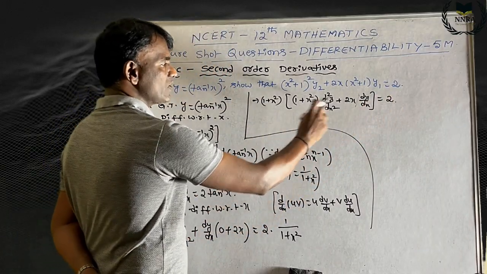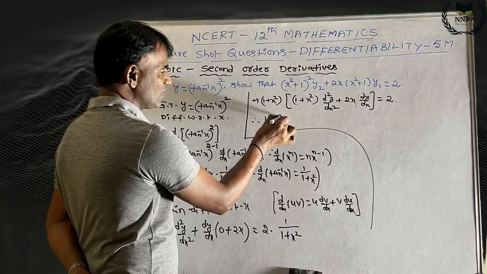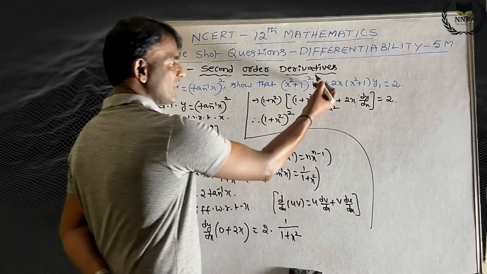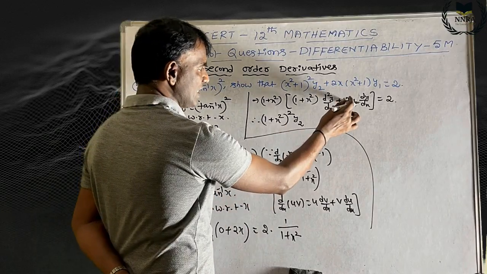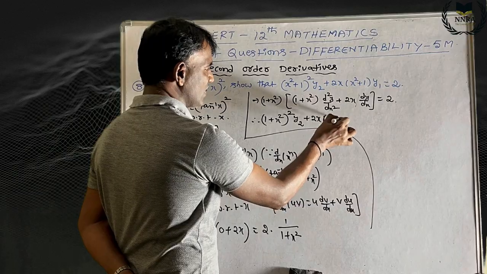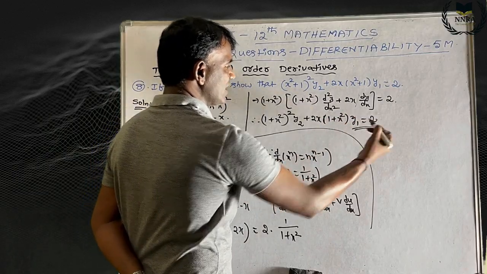Now multiply these two terms. So 1 plus x square into 1 plus x square is 1 plus x square whole square, and d square y by dx square can be written as y2. Now the second term, 2x into 1 plus x square, and it is y1, equal to 2. That is the required value.